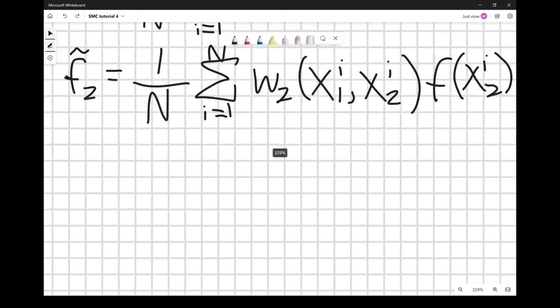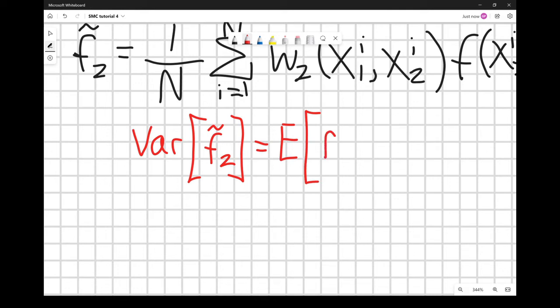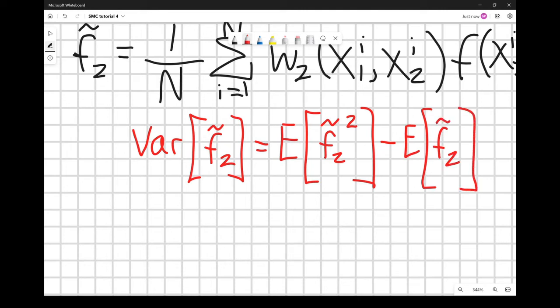So specifically, we want to minimize the variance of our estimate at iteration 2, which is, of course, equal to the expected value of our estimate squared minus the expected value of our estimate, all squared.